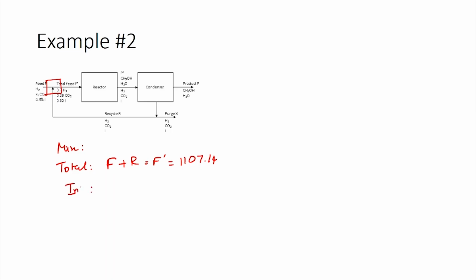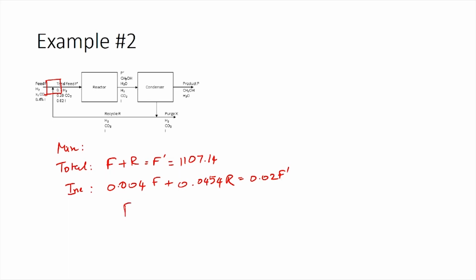The inert balance would be 0.004 times F plus 0.0454 times R, which is the mole fraction of inerts in the stream R, equal to 0.02 times F prime.